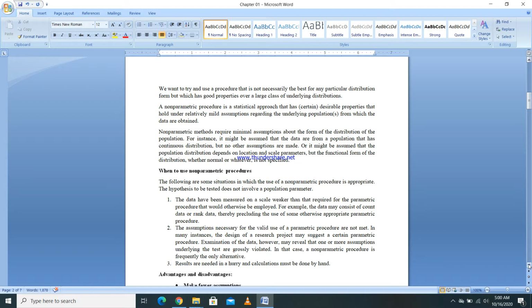So when you are not involving the population parameters in your testing procedures, we always encourage you to use a non-parametric method, right? There are valid reasons why you go for a non-parametric procedure, because when you compare it with parametric methods, it's not as accurate.